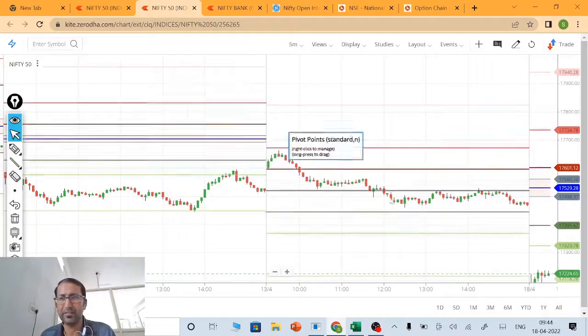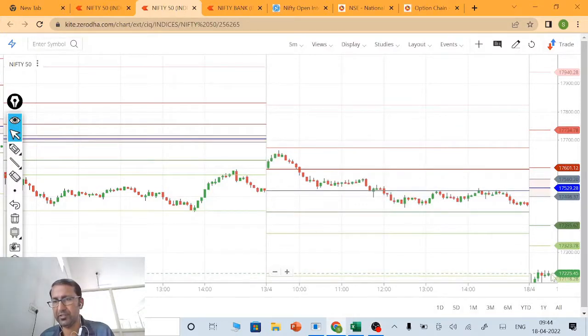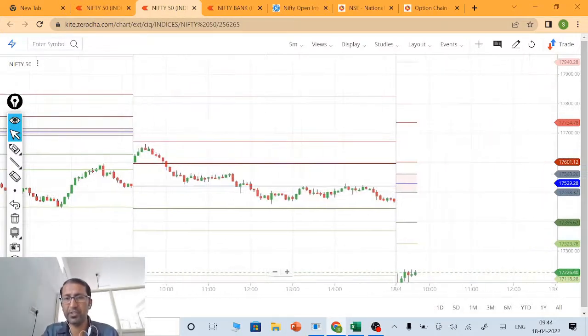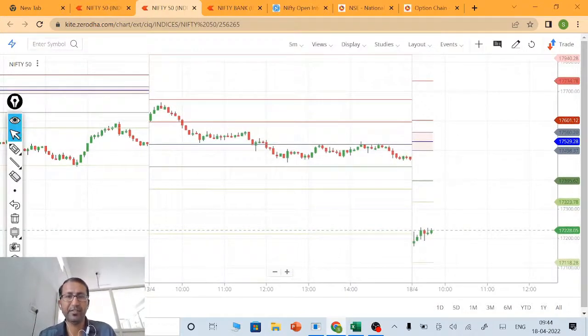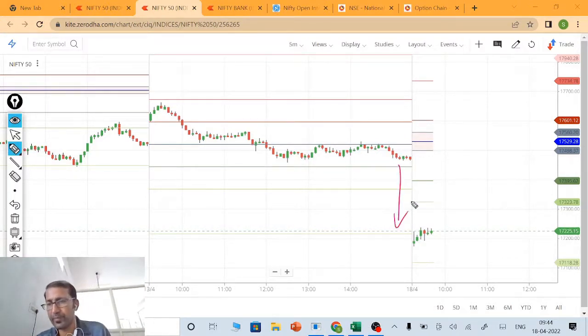It is here. So let me push it up. Yes, you can see Nifty is trading with a big gap down. This is the big gap down we saw. Now Nifty is at the all important 17,226 somewhere here.